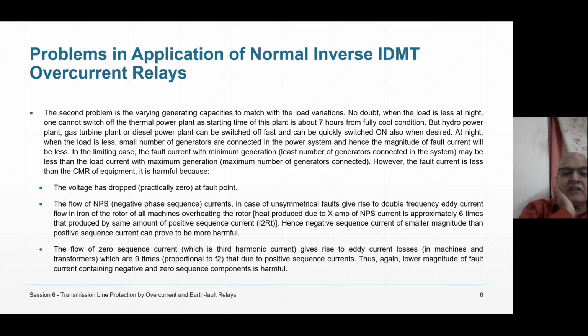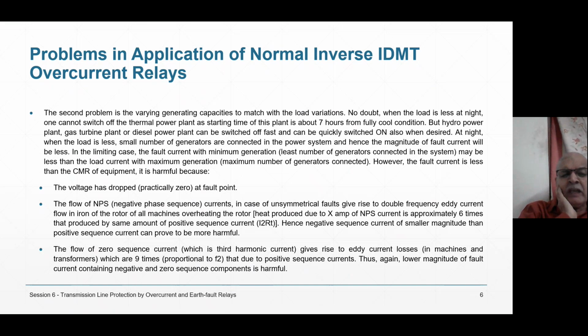Another thing is that when an asymmetrical fault occurs, that is double line to ground or line to ground, there are negative phase sequence (NPS) currents present. Negative phase sequence current has a rotating magnetic field rotating in the reverse direction to positive. Therefore, in all dynamic machines, the slip will change.